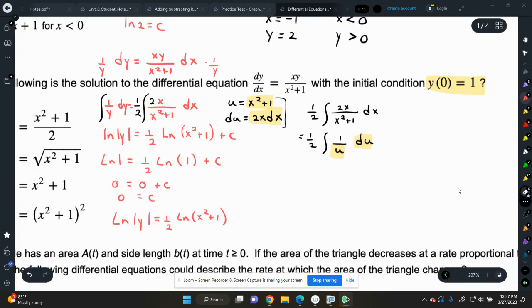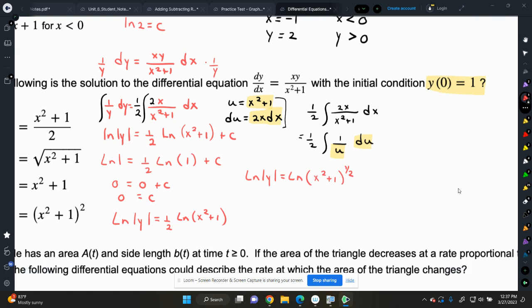So I multiplied both sides by 2. You don't actually have to do that. You can bring that 1/2 back there. So let's say a natural log of y equals a natural log of x squared plus 1 to the 1/2. We could bring that back up to the exponent if you want. Now we can drop our logs. Be careful with that absolute value. Absolute value of y equals the square root of x squared plus 1.